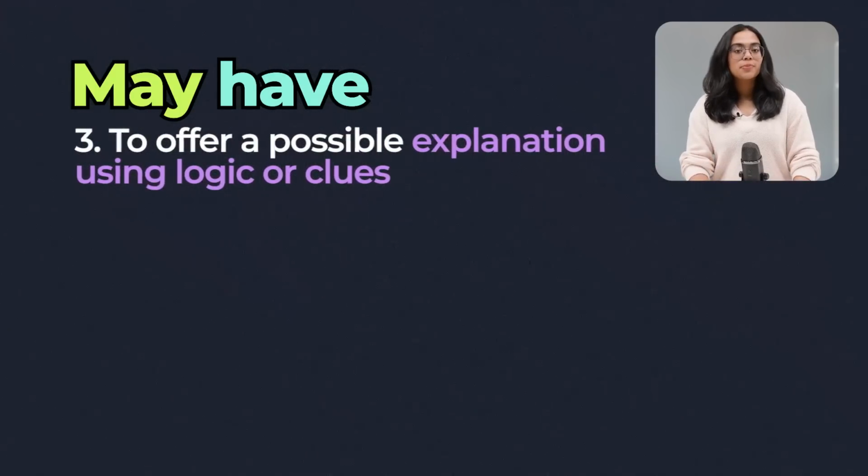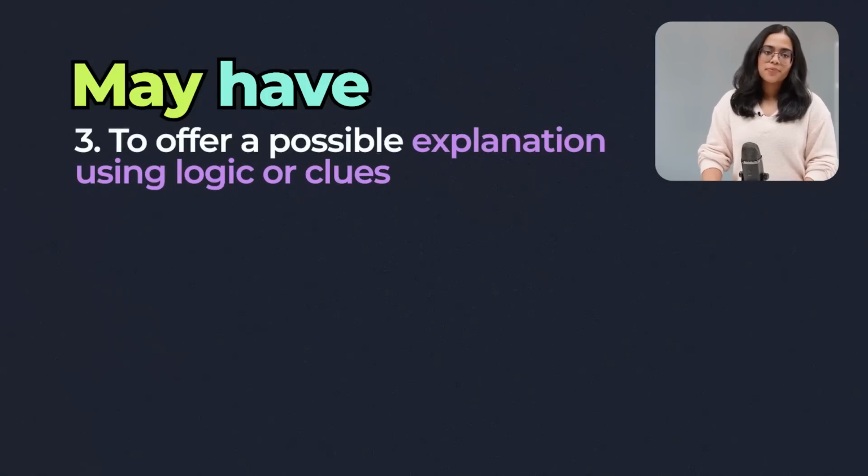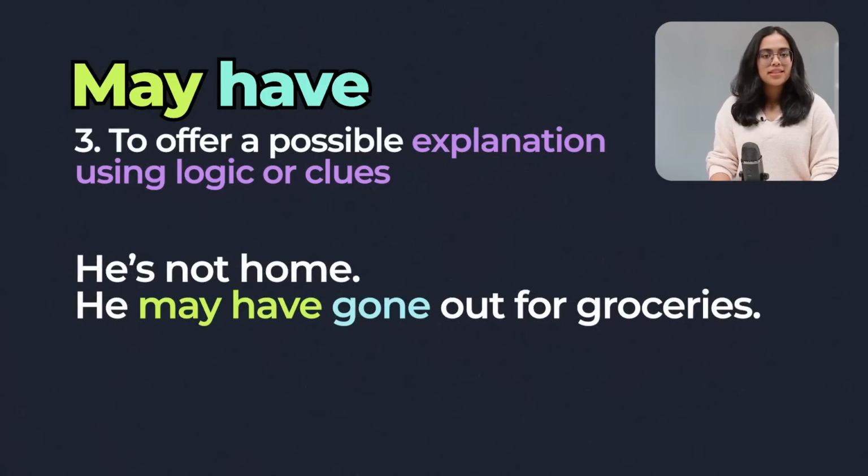The third use of may have is to offer a possible explanation for something. It's like using logic or clues to suggest something could explain a situation or why something happened. For example, he's not at home. He may have gone out for groceries.